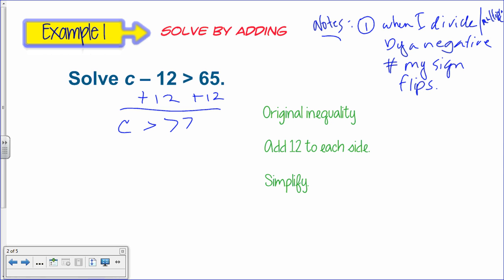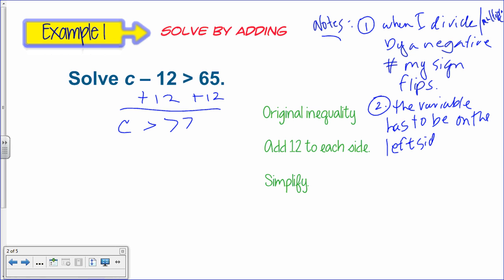Okay? Second thing is, the variable has to be on the left side to follow the direction rule.